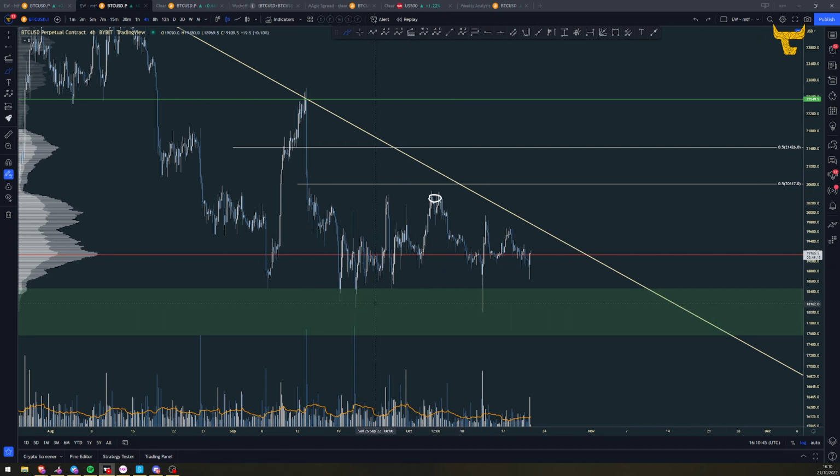Because when we go down, it's to trigger stops and liquidations and position really quickly, to not let people position with high leverage too easily at the low.